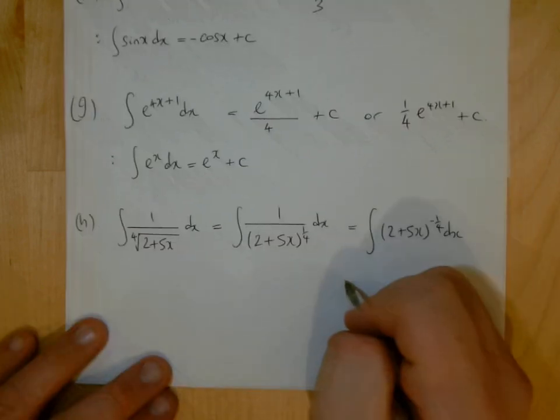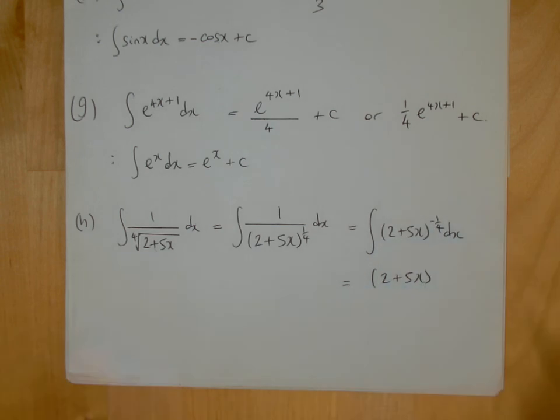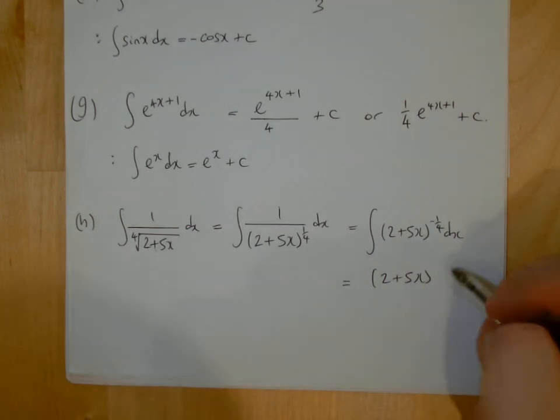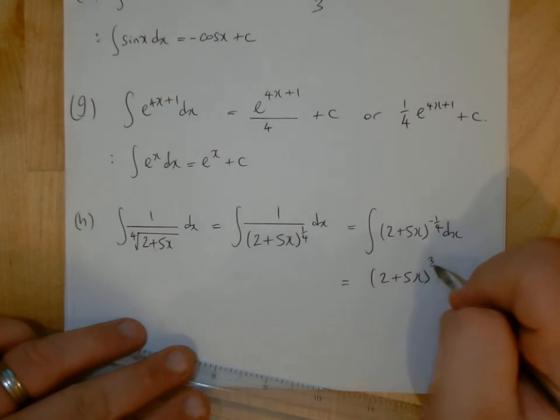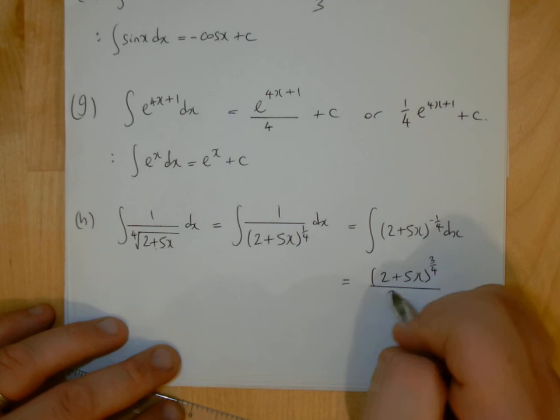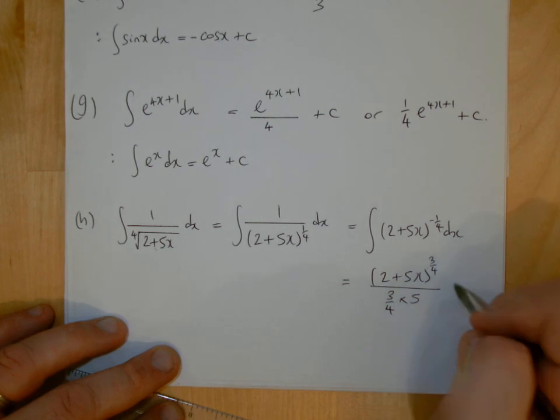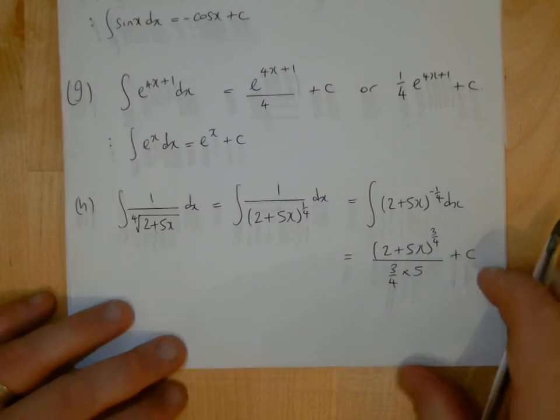So when we integrate this, you add 1 to the power, so minus a quarter. If I add 1 to minus a quarter, I get 3/4. Divide then by this power, which is 3/4, and times by the derivative in here, which is what's in front of the x, so that's 5, plus then the constant at the end.